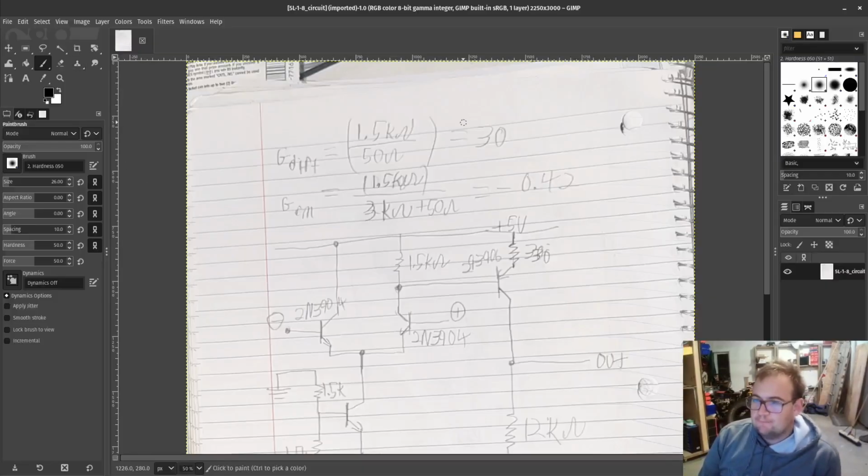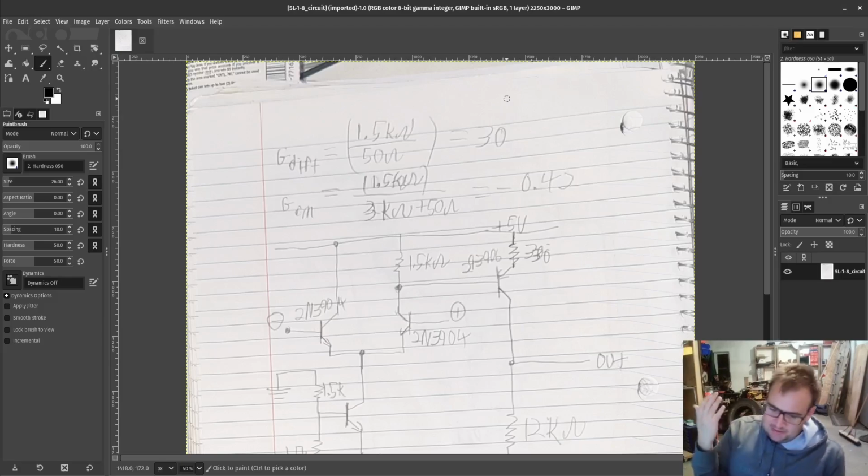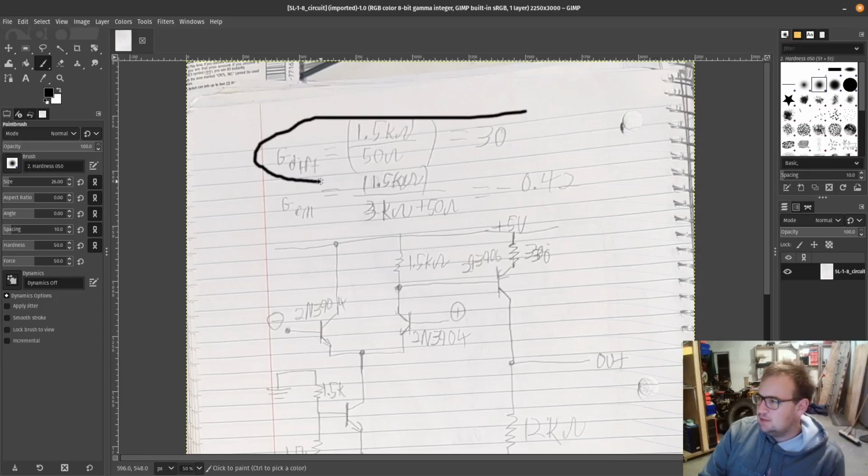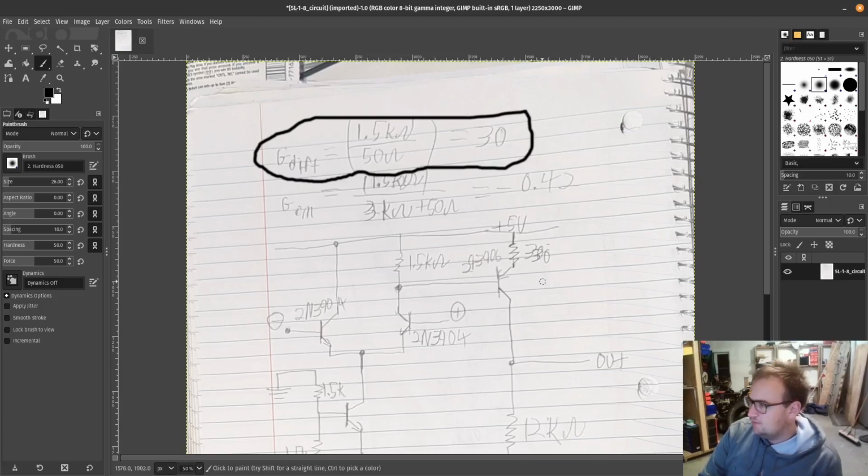Just here, in the bench video, it didn't really ask us to measure it. It just said that we were going to recalculate it, and it doesn't look like I actually tried to measure it at that point. But anyways, I estimated the differential gain right here, the 1.5 kilo ohms divided by 50 ohms.